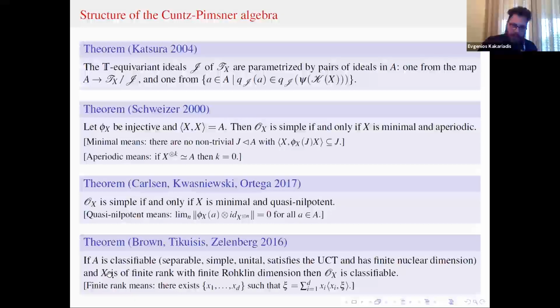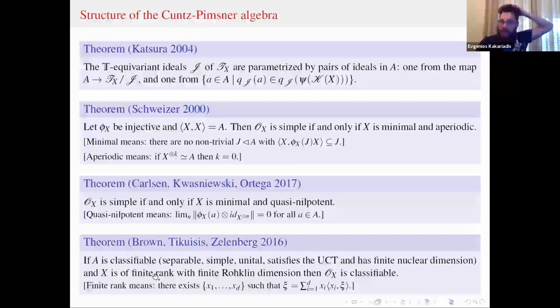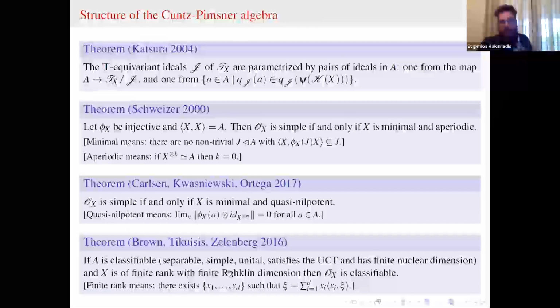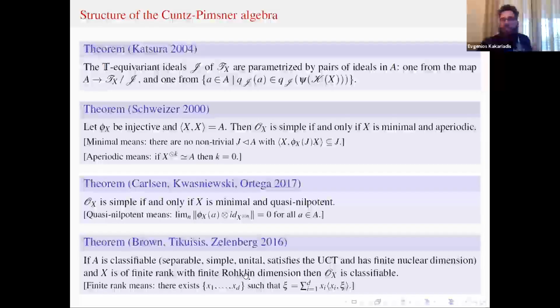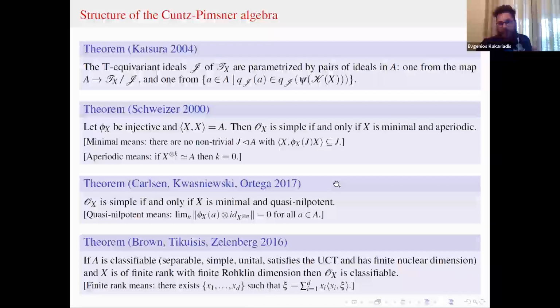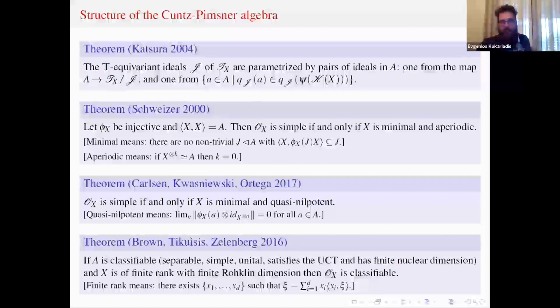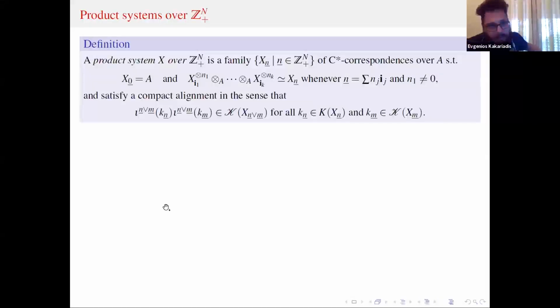Of course, you need some finiteness in order to tackle finite nuclear dimension, and you need a Rokhlin dimension property, but this passes through. This is some of the things that we know for the one variable case.